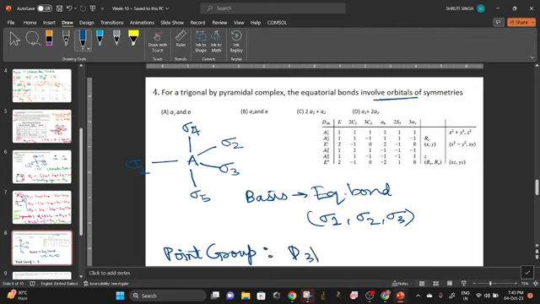Yes, the point group is D3h, and order will be 12. You can sum this 1 plus 2 plus 3, 6, and then 6 here. So order is 12. Now we need to figure out to which symmetry species sigma 1, sigma 2 and sigma 3 jointly belong. So let's do that.